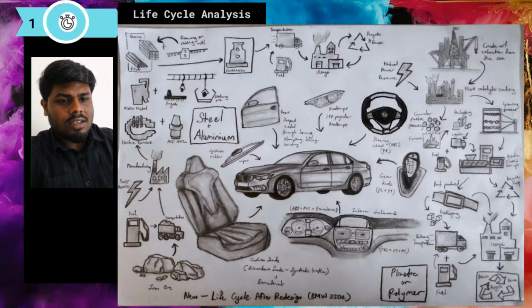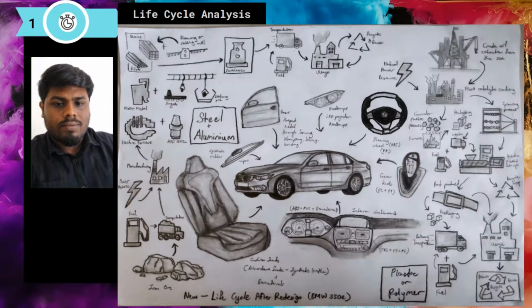In this illustration, we can see that the main types of materials are categorized into 2, which are metal and polymer, illustrated from their very raw form till their end of life.